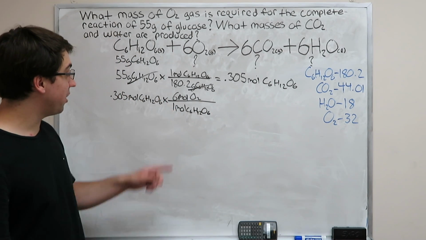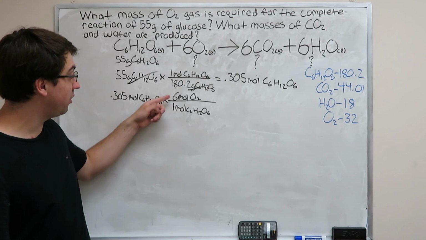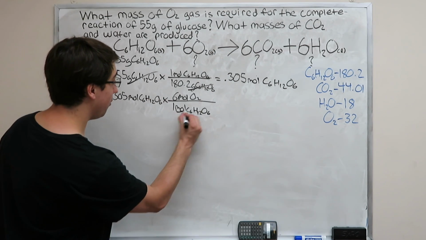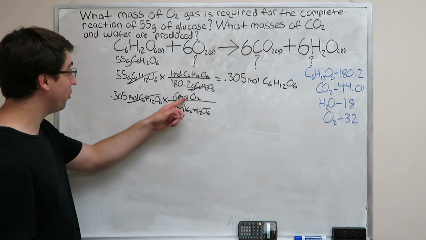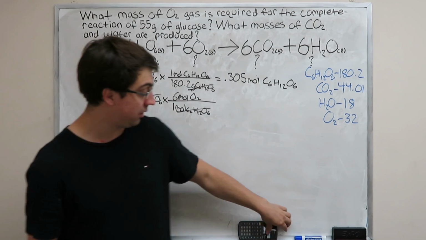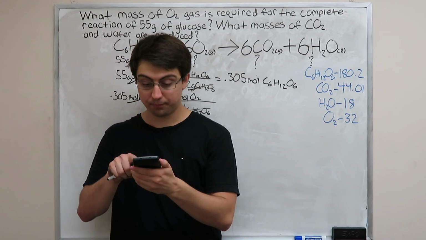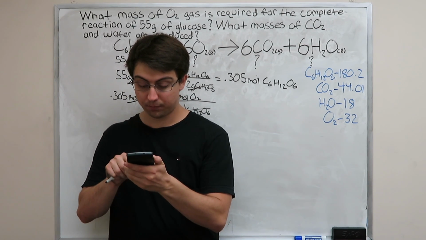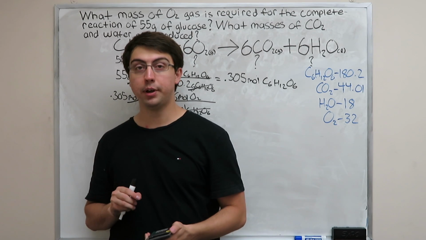This is the stoichiometric factor. It shows that 6 moles of oxygen is required for every mole of glucose. The moles of glucose cancel out, leaving us with moles of oxygen, and we just need to take the 0.305 and multiply it times 6. I got 1.83.